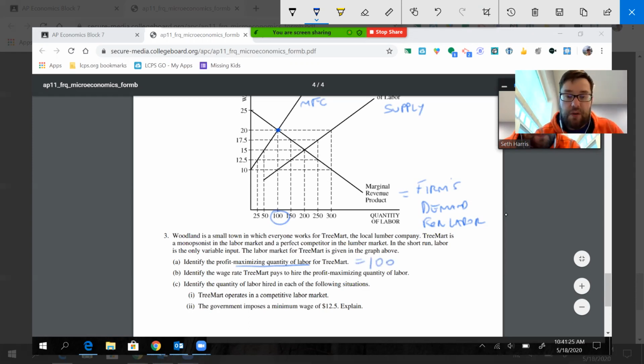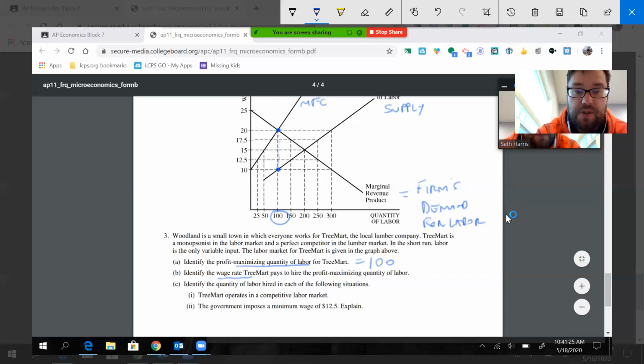In the same way we would find the quantity for a monopolist, but the trick is in part B, where they want to know the wage rate. We got the quantity, but the supply curve for labor is way down here. At this quantity, workers are willing to work for a much lower wage than up here. In a monopoly, you would go all the way up to the demand curve. In this case, we travel all the way down to the supply curve.